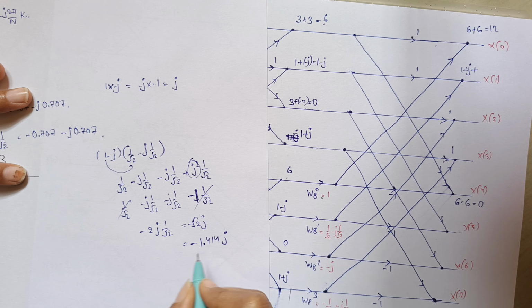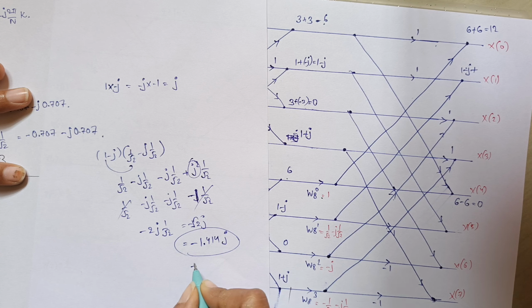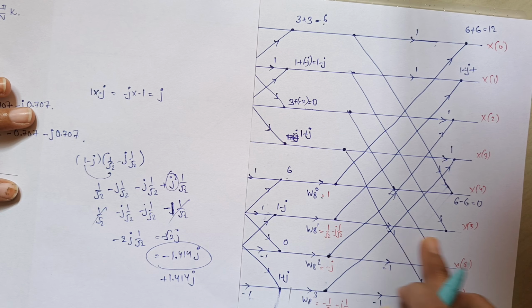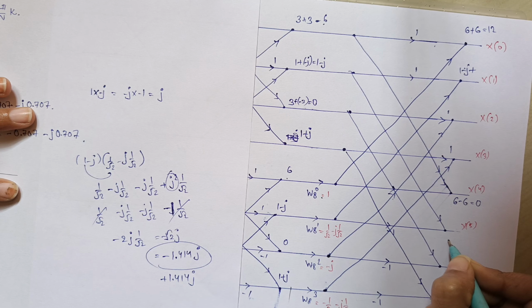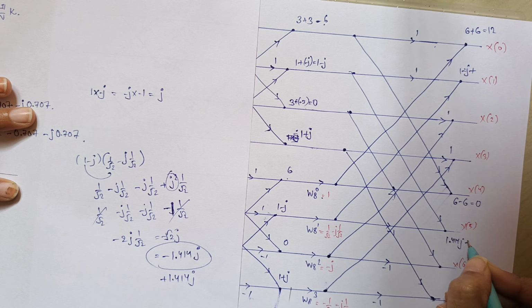And we have j. Now this is the final output for this multiplication, and again we are multiplying it with minus 1, right? So we will get plus 1.414 j, and if we are moving towards this side, we will get here 1.414 j, and from here we will be getting plus 1 minus j.